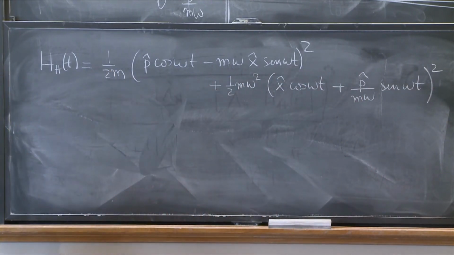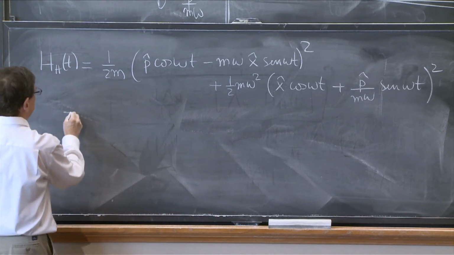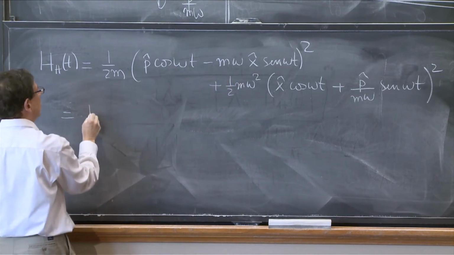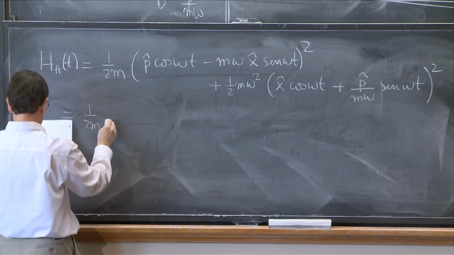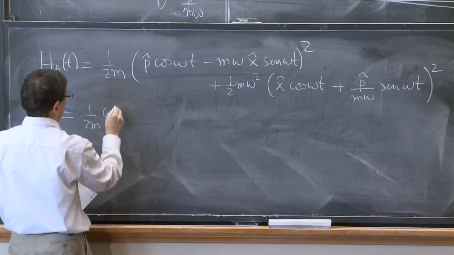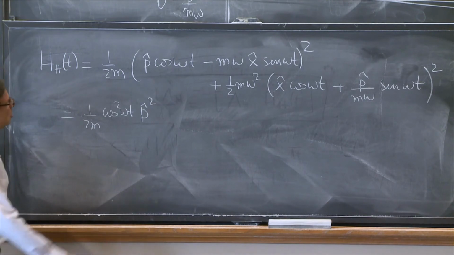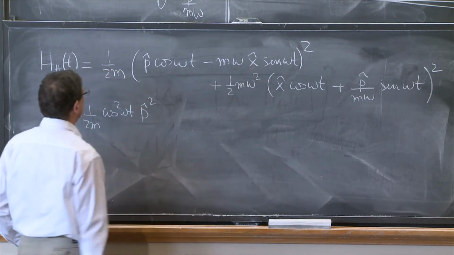So that's what the Heisenberg Hamiltonian is. Let's simplify this. Let's square these things. You'll have 1 over 2m cosine squared omega t p hat squared.